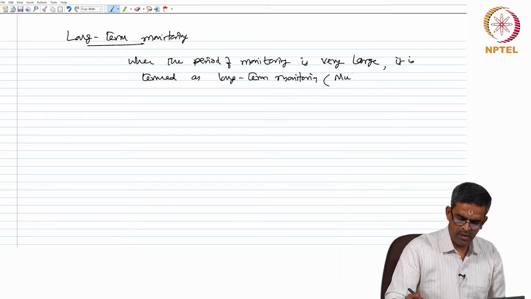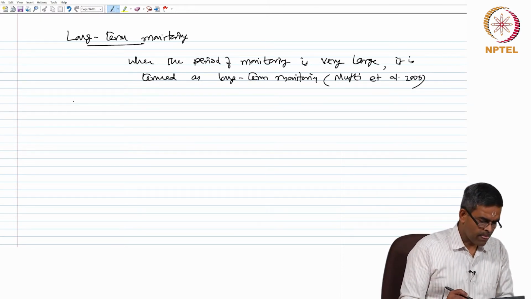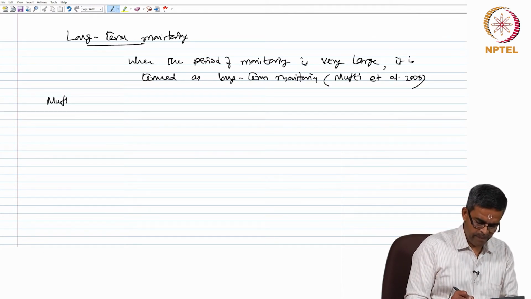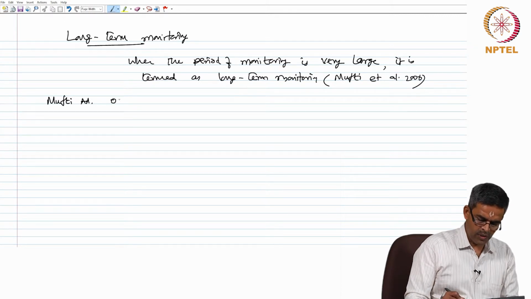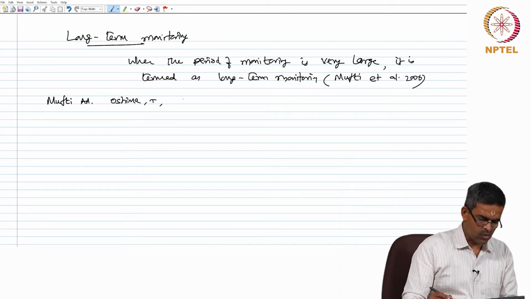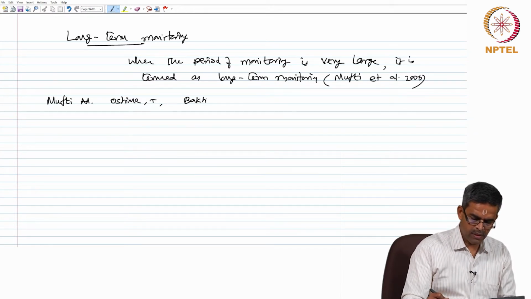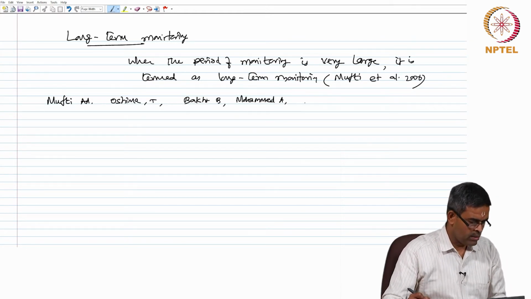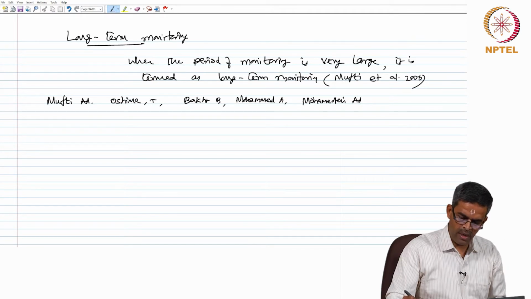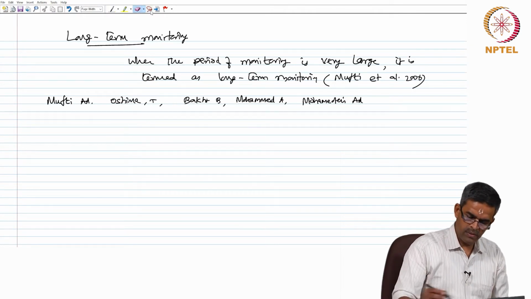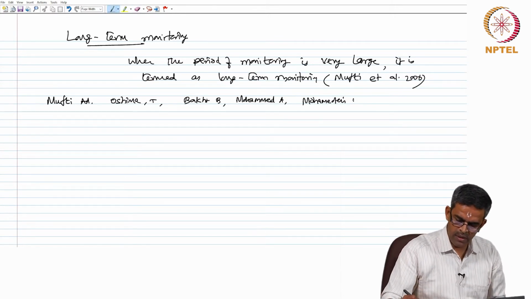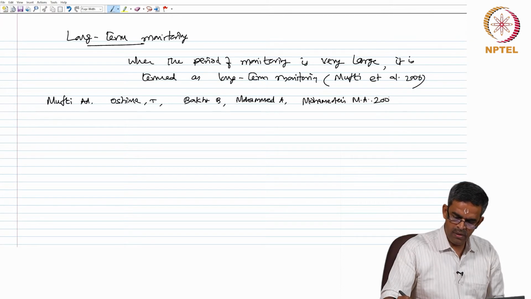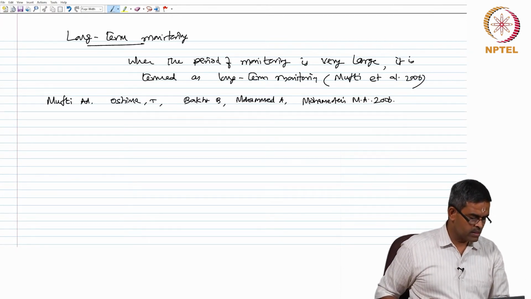As stated by Mufti et al. 2006, Mufti A, Oshima T, Bakht B, Muhammad A and Muhammadin MA, 2006 stated this in a paper.